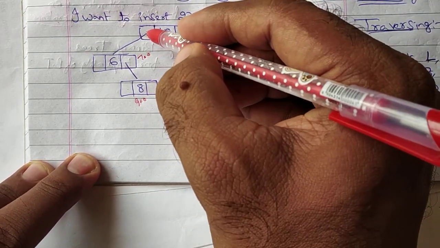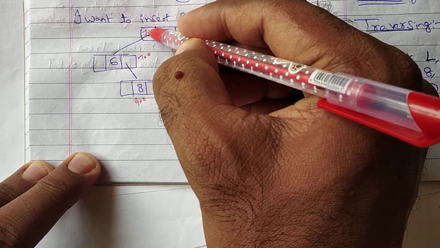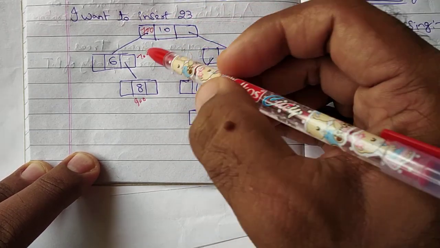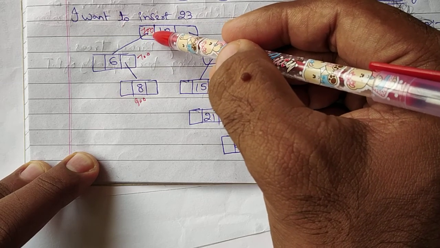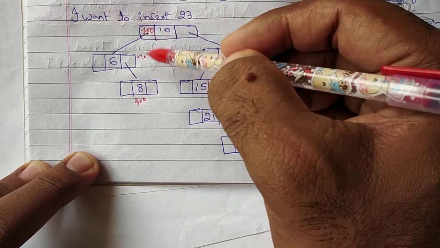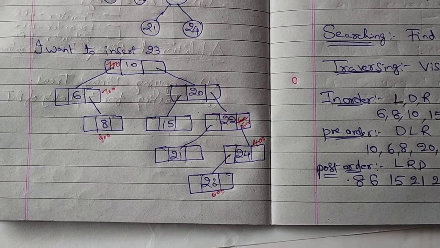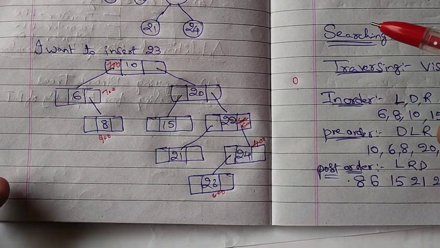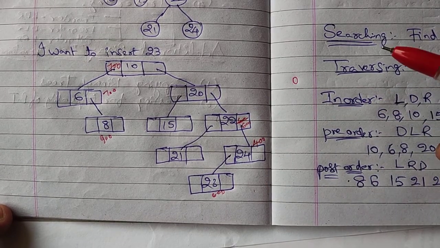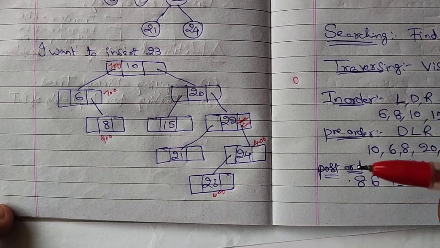Assume so. Here we have the 700 address. Now I want to delete 6. So simply remove this 700 and instead of 700 we place 900.